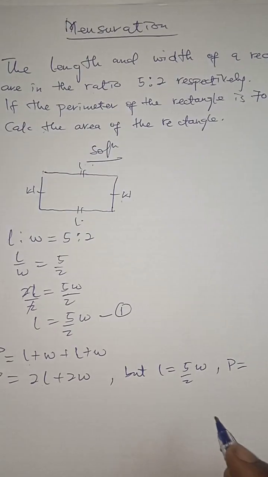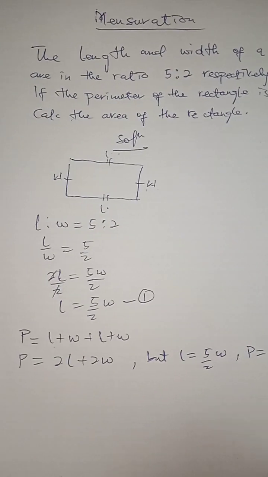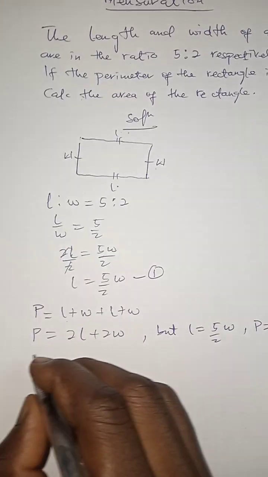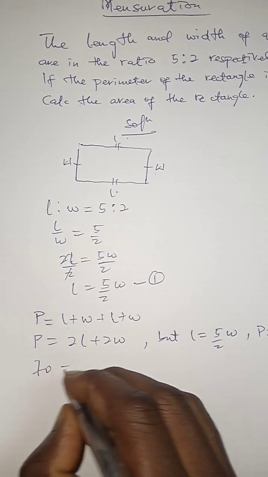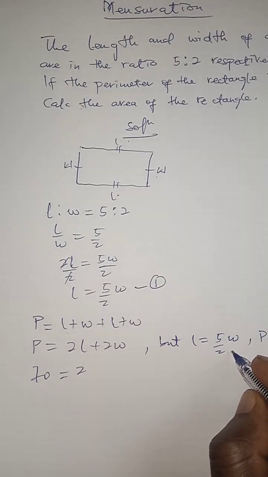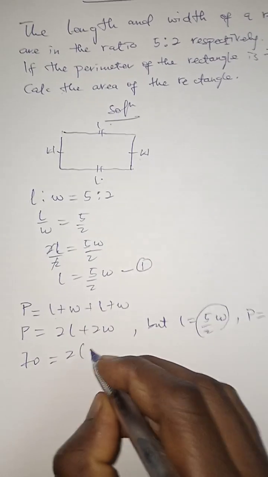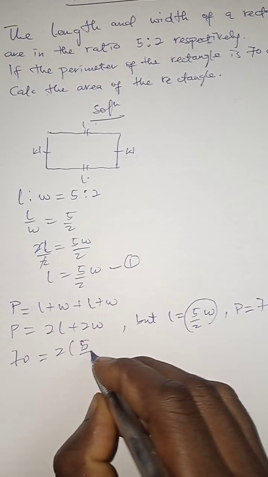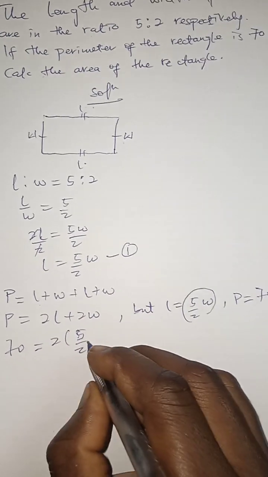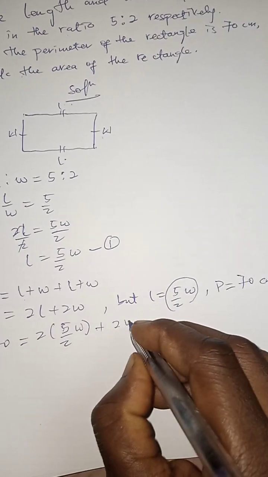Okay, so if we do the substitution, we are going to get 70 is equal to 2. Instead of writing L, I'll write this expression into the equation. So 2 times 5/2 W plus my 2W.